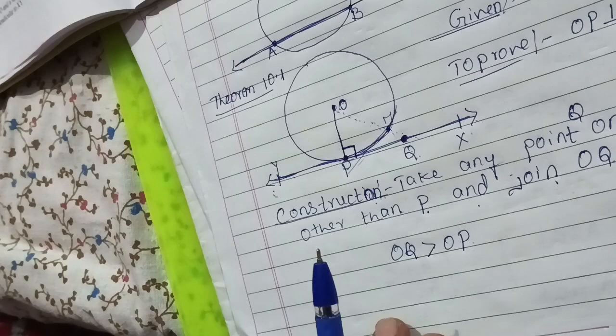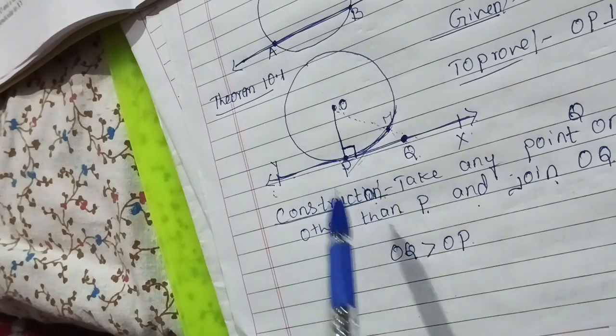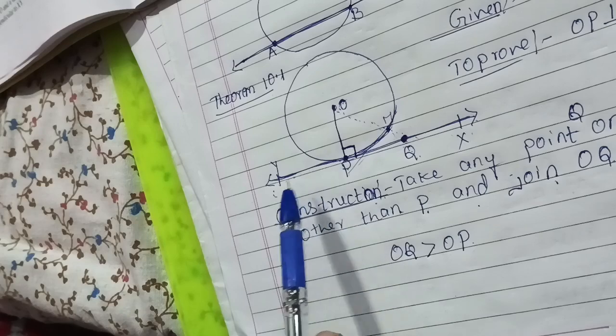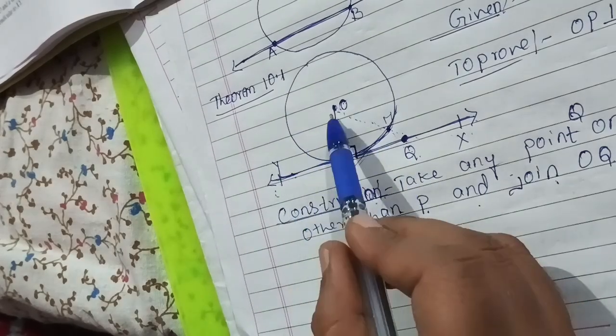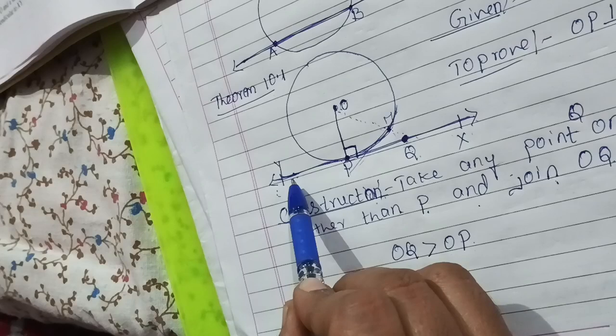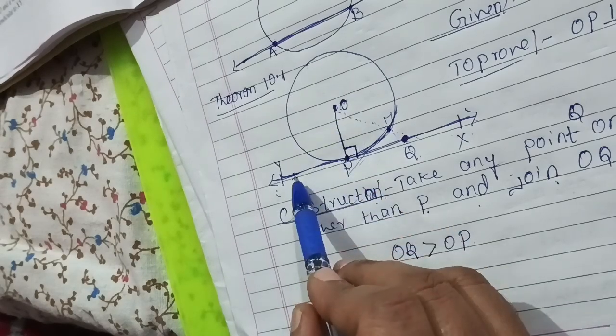This will happen for every point on the line XY except the point P. Anywhere you take a point, it will happen, because it lies outside the circle.